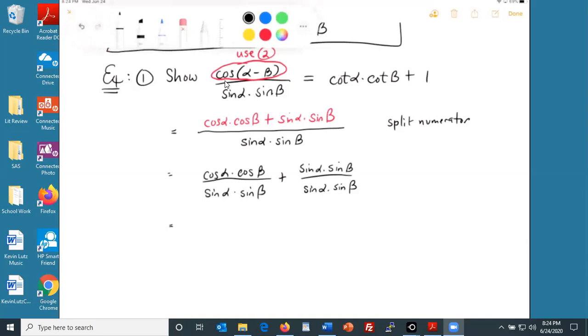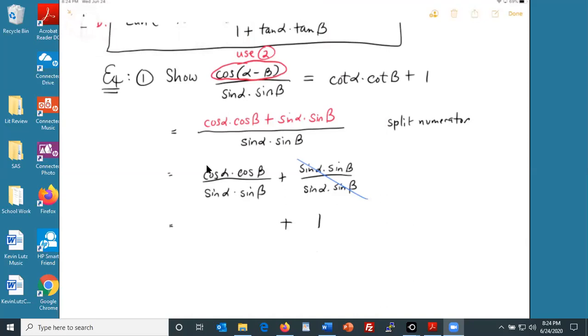Now, I'm sure everybody sees that the second half just cancels out and you get 1. Remember, when things cancel with division, you get a 1. So there's the first part. Remember, in the answer, we need a plus 1 in there, and that's what we got.